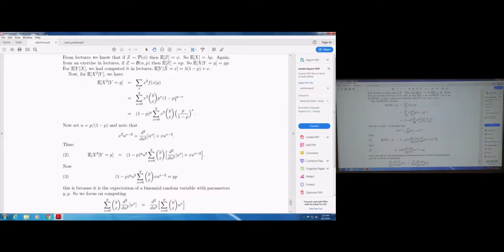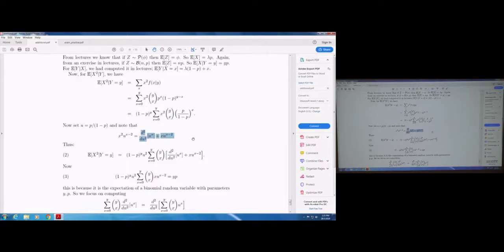So here what you can do is take 1 minus p to the y outside. So I've still got x squared, y choose x, and then I have p over 1 minus p to the power x. Now if we make a substitution that u is equal to p over 1 minus p, this basically becomes x squared times u to the x. And you can show that x squared u to the x minus 2 happens to be equal to this.